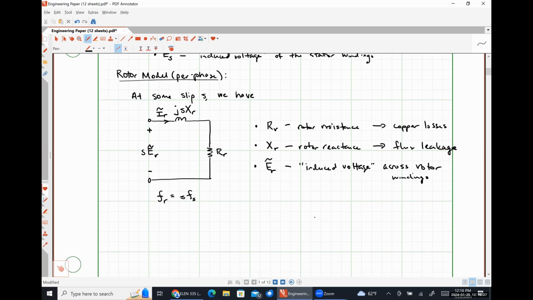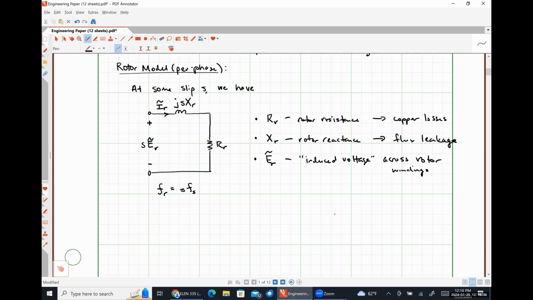So we're going to do a little bit of circuit analysis here. So we can hopefully see, using just good old Ohm's law, that our rotor current is just going to be S times our induced voltage divided by the total impedance of our rotor windings.